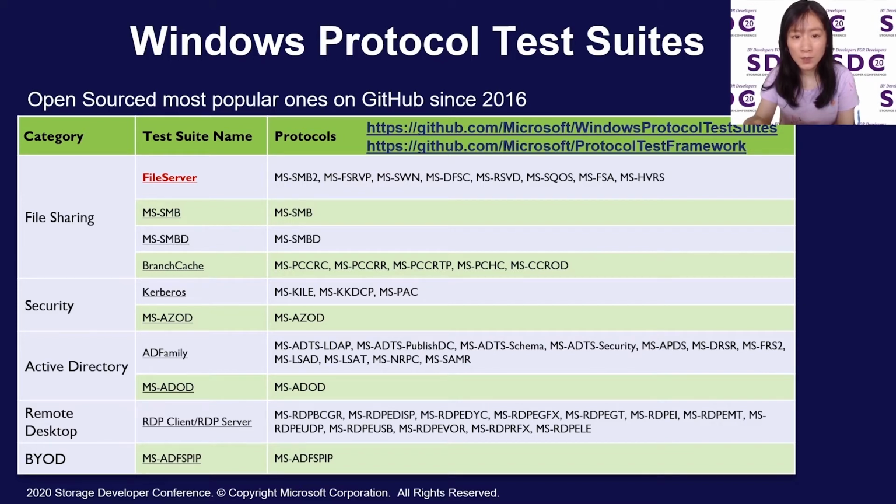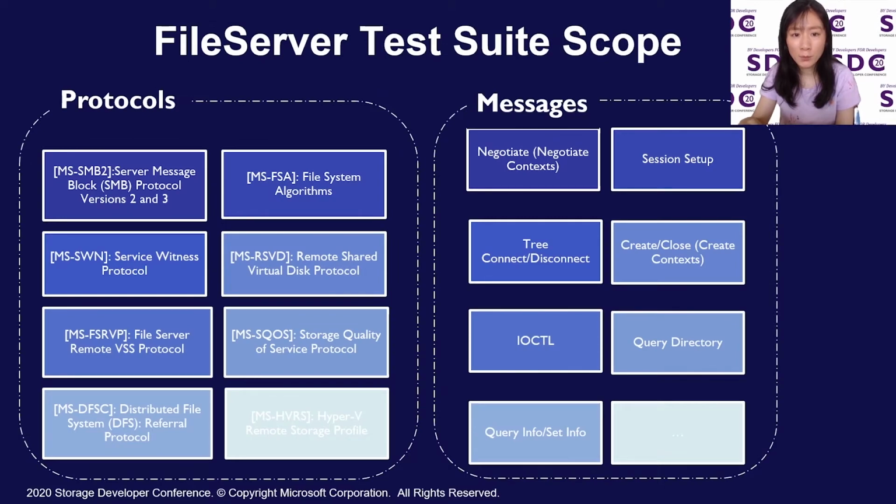It covers the following 8 protocols: MS-SMB2, MS-FSRVP, MS-SWN, MS-DFSC, MS-ISVD, MS-SQoS, MS-FSA, and MS-HVIS. For these file sharing protocols, we covered multiple messages in these protocol documents, like negotiate, session setup, tree connect, and disconnect.